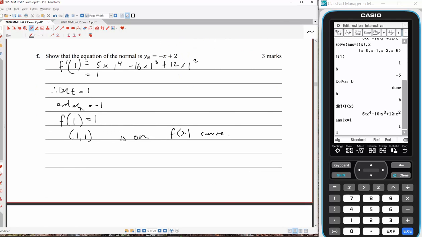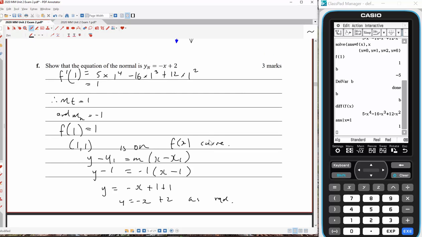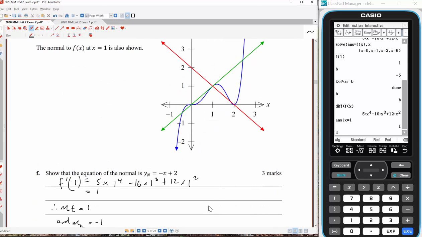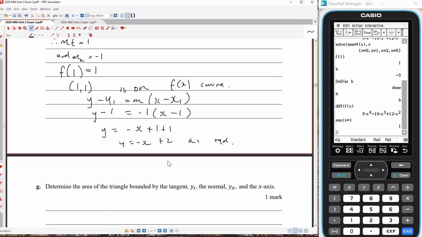So let's just choose which form we want to do it. y take y1 equals m times x take x1, y take 1 equals -1 times x take 1, y equals -x plus 1 plus 1, y equals -x plus 2 as required. Is that what I was supposed to show you? Yep. Let's just make sure it lines up exactly.